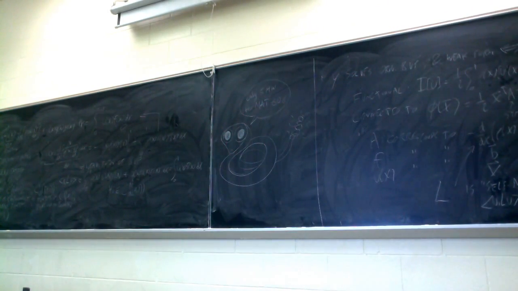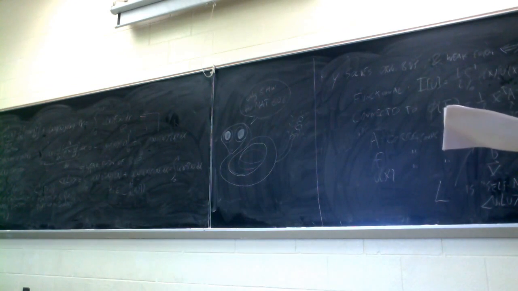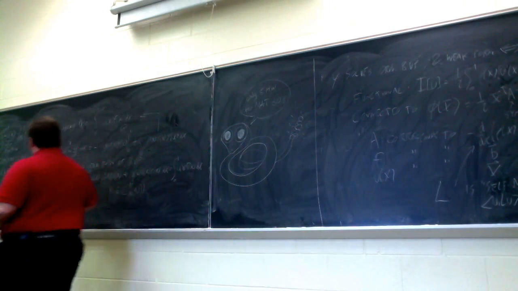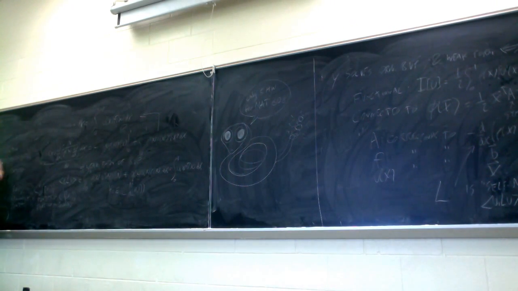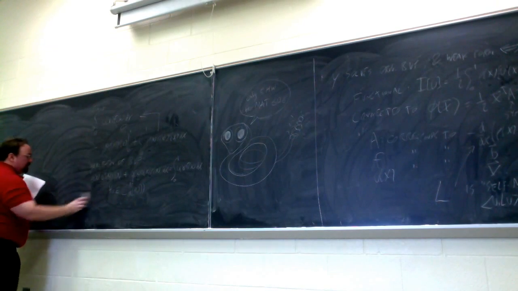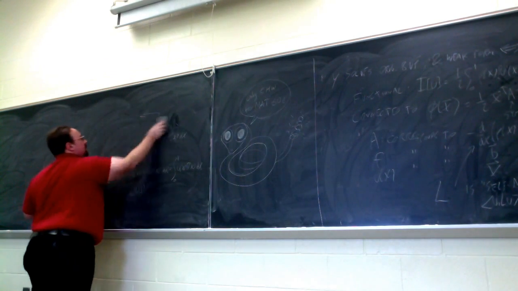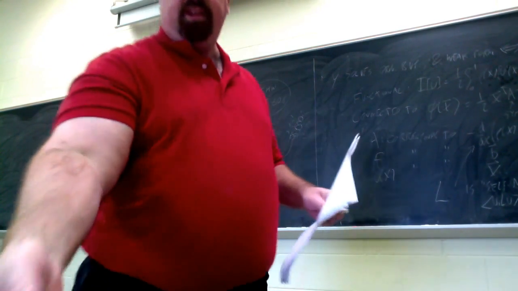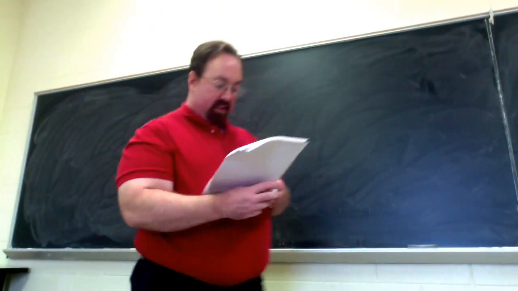Okay, but now I want to focus on setting up a system of equations to solve this minimization problem. So what I do is I'm going to assume that my solution, y, has a certain form.